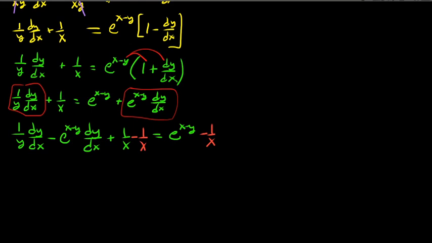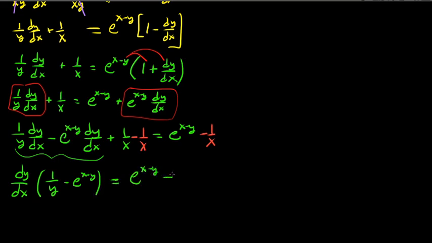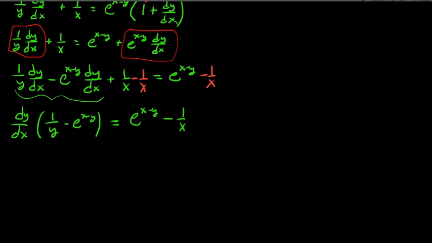And if we do that, from these two terms, let's factor out the dy over dx. And then on the right, we get e to the x minus y minus 1 over x. So now all we have to do is divide both sides by this factor here. This is 1 over y minus e to the x minus y. Do it on the right.